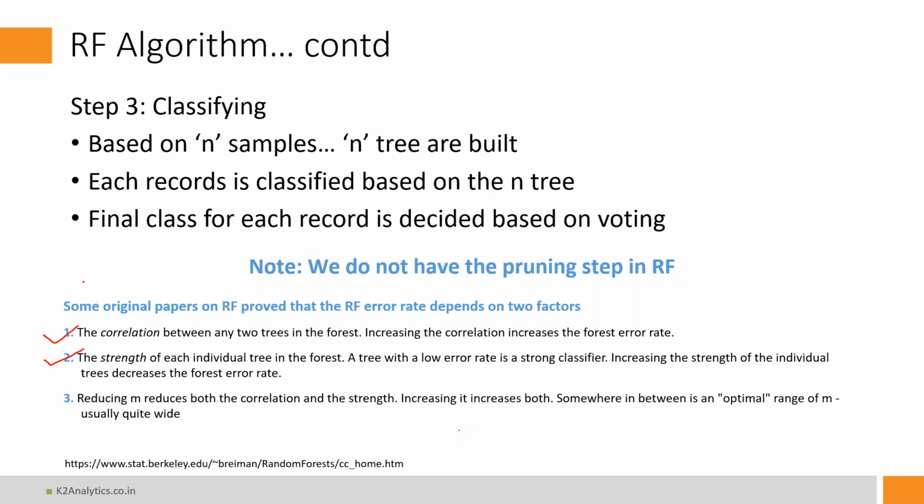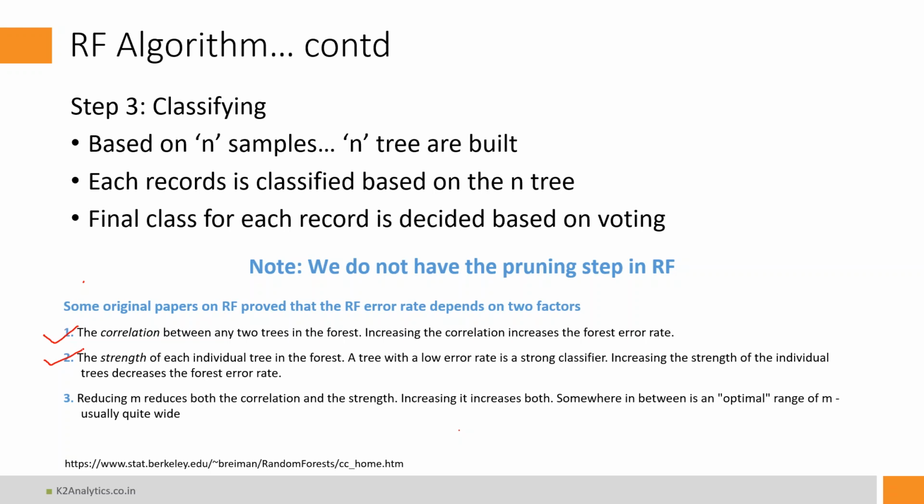If you select more variables, your strength will be higher because good variables will have a chance to come. But if you take more variables, the same variable may come in all the models, which means all the models may become correlated. With highly correlated models, you do not require many models. You can work with one model also. So too high an m will lead to high correlation between the trees.